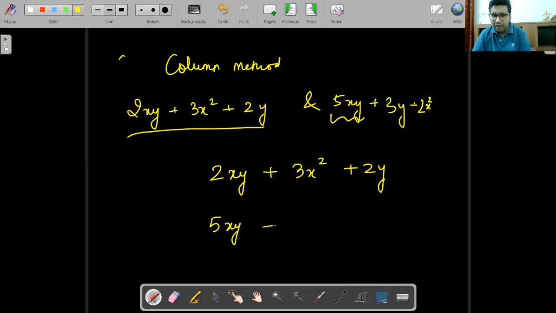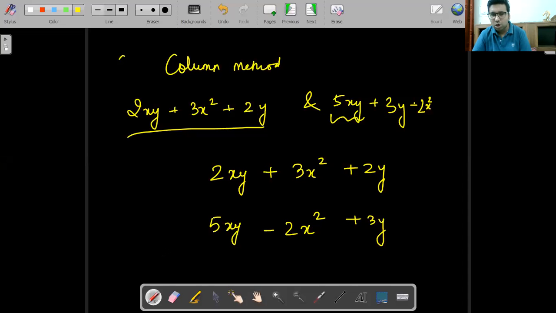Tell me, can I write here 3y? Will that be correct? Tell me, will that be correct if I write 3y below 3x square? No, because they are not like terms. Better I write 3y over here. And then we have minus 2x square, so minus 2x square will come over here.